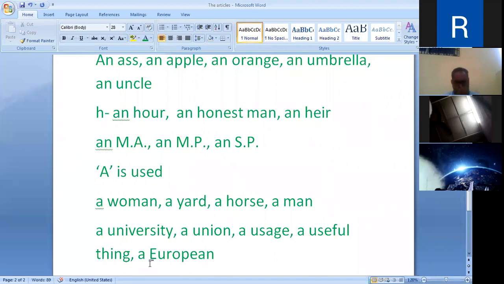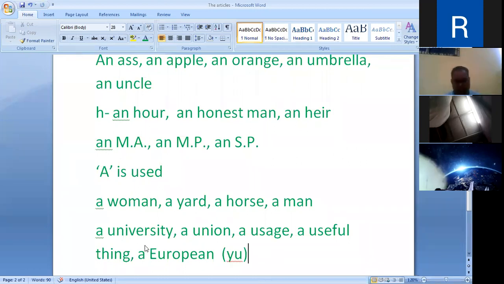Though these words begin with a vowel, Y, U, Y, before them, A is used. The indefinite article A is placed or used.